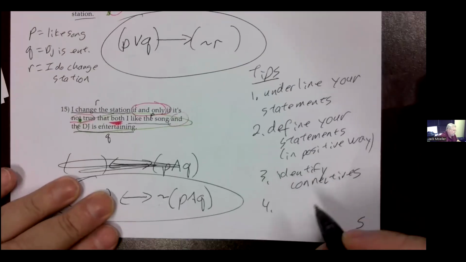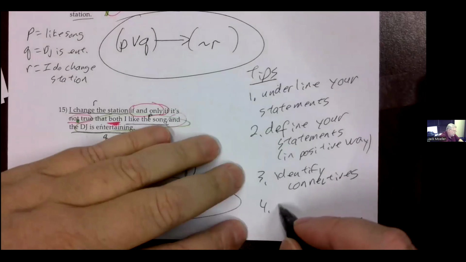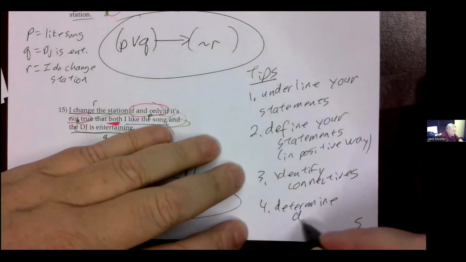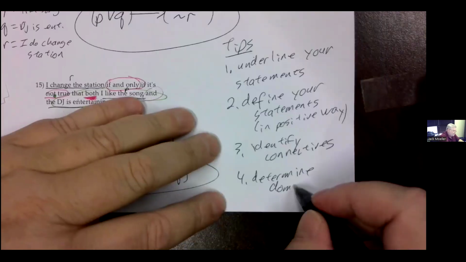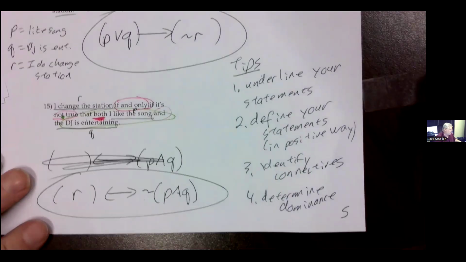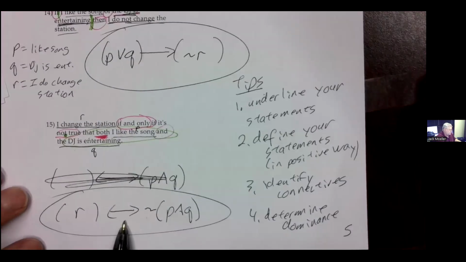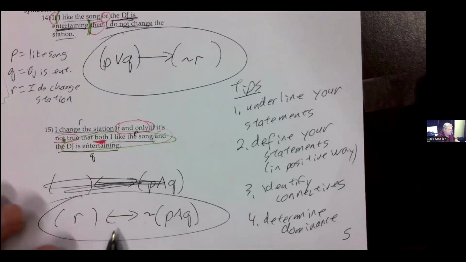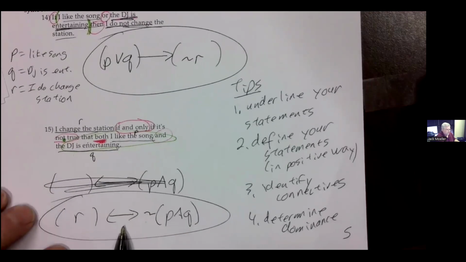And then 4, determine dominance. So I'm going to use their language, or determine priority if we were talking about order of operations. That tells you, when you have lots of stuff going on, where your parentheses are, because in this case, the biconditional is the most dominant.